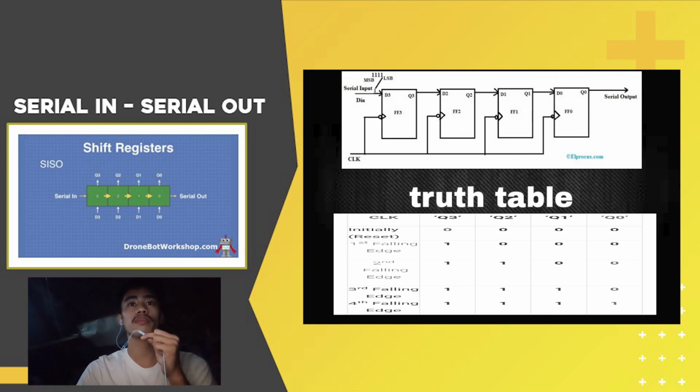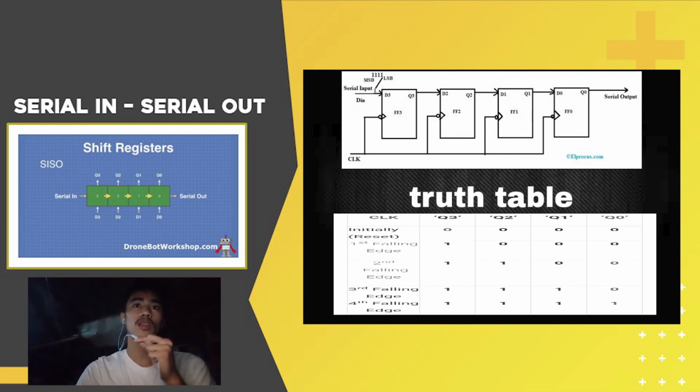As a result, we will obtain 1 1 for the second falling edge. So we will obtain 1 1 at the storage bits in the shift register. So overall, sa ating output for the second falling edge will get the output of 1100. Makikita po natin mamaya sa ating truth table.